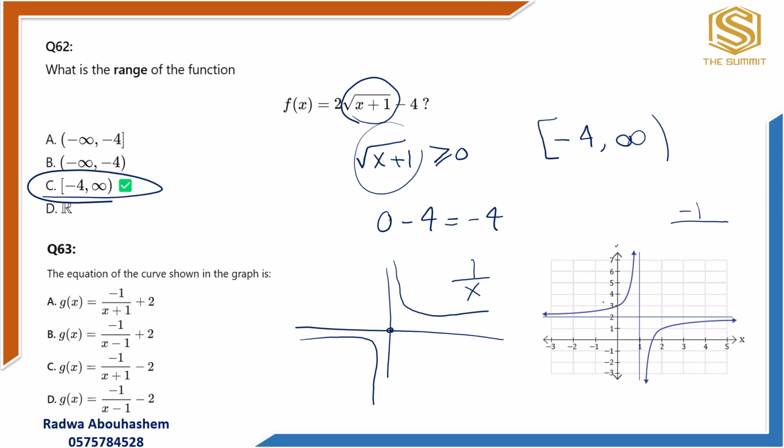Now we have a vertical asymptote at 1, so here I have x minus 1. And we have a horizontal asymptote at 2. So here is 2. So -1 over x minus 1, plus 2.